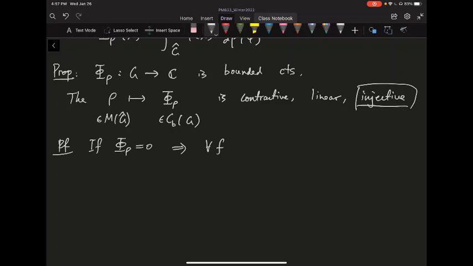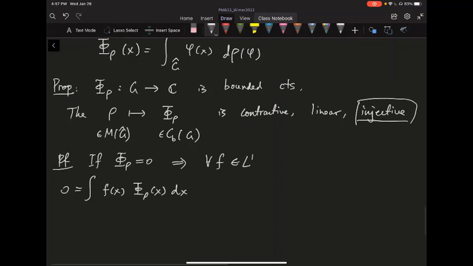So if that is equal to 0, then you integrate against the L1, you always have 0. So for every f inside L1, what you have is the following: if you integrate f(x) with φ_ρ(x) dx, that's going to be 0, right? So that's by definition.